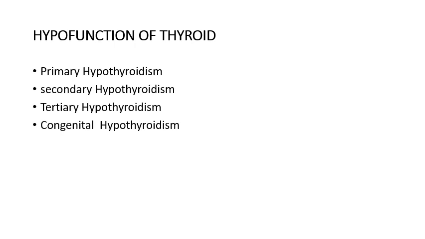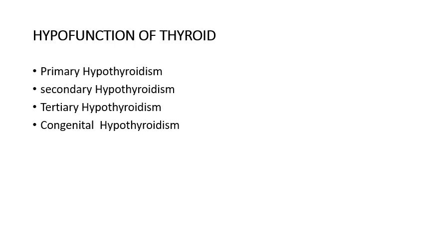When the thyroid gland is hypofunctioning, we call it hypothyroidism. Hypothyroidism can be primary, secondary, tertiary, or congenital. When the defect is in the thyroid gland itself, with the hypothalamus and pituitary functioning properly, we call it primary hypothyroidism. When both hypothalamus and thyroid gland are normal, but there is defective secretion of thyroid stimulating hormone from the anterior pituitary, it is called secondary hypothyroidism.